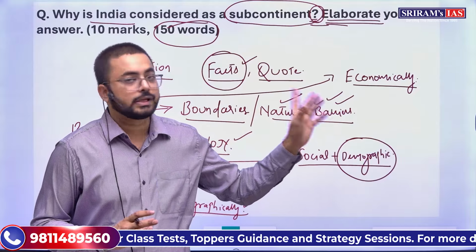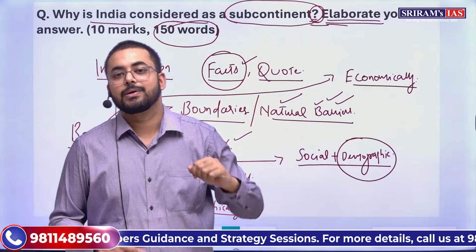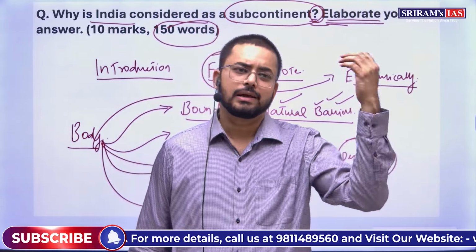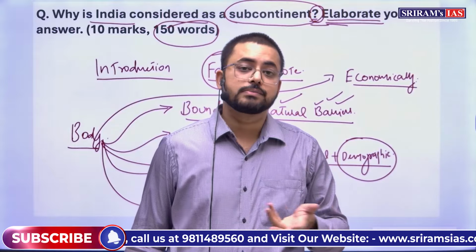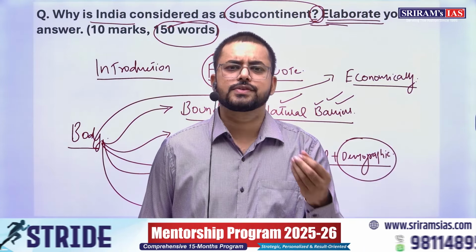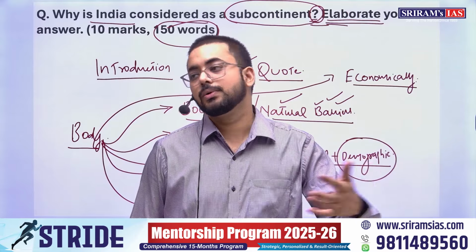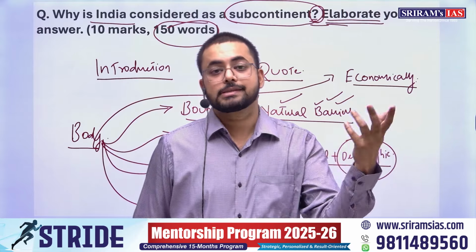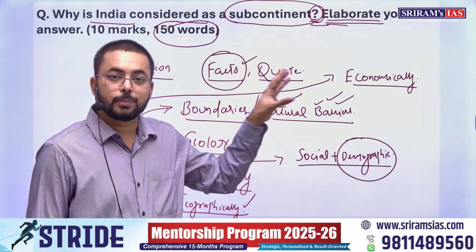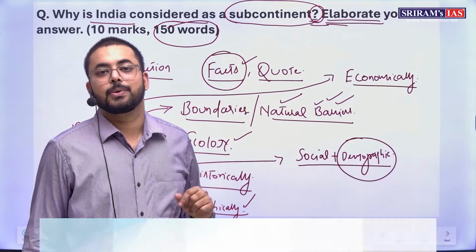So that is also there. Like in Europe, you have many developed countries and economies who are doing very well: UK, France, Germany, and then you have Portugal or Spain, the so-called PIGS countries. So that is also there. Economically also India is a subcontinent.